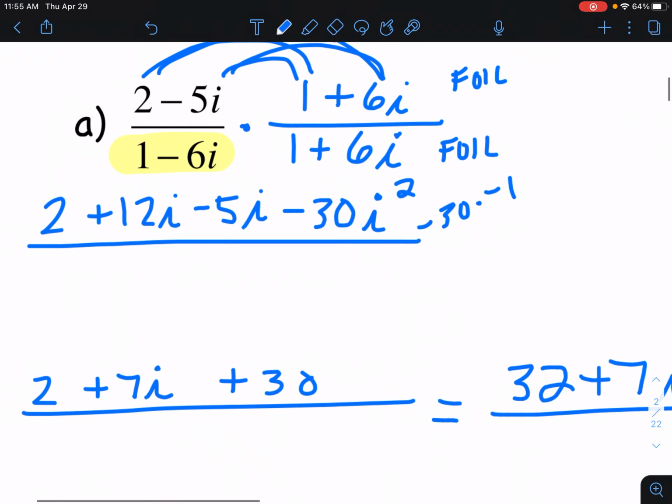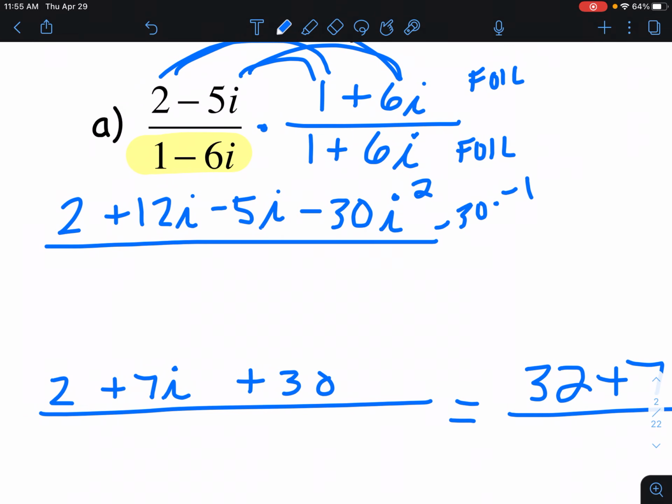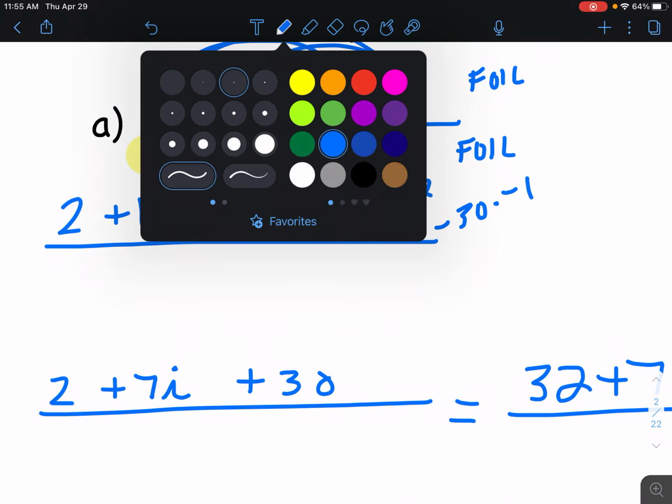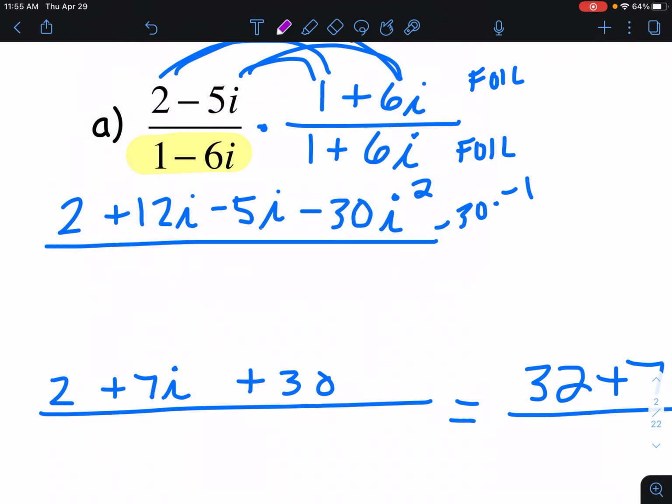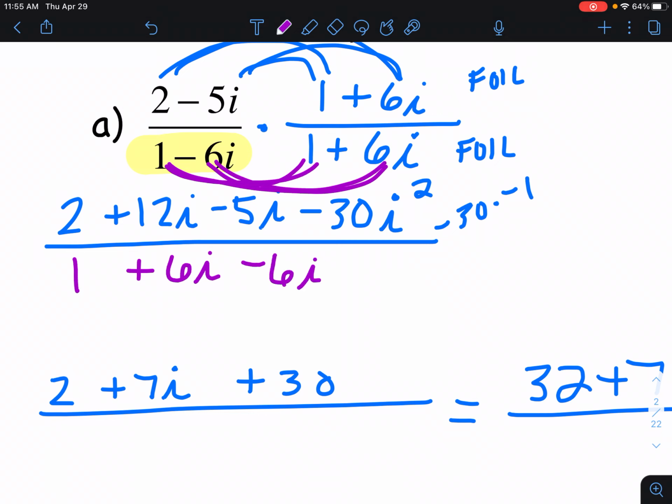Okay, now let's FOIL the denominator. These are conjugates, so I'm expecting a real number denominator. First, outer, inner, and last.